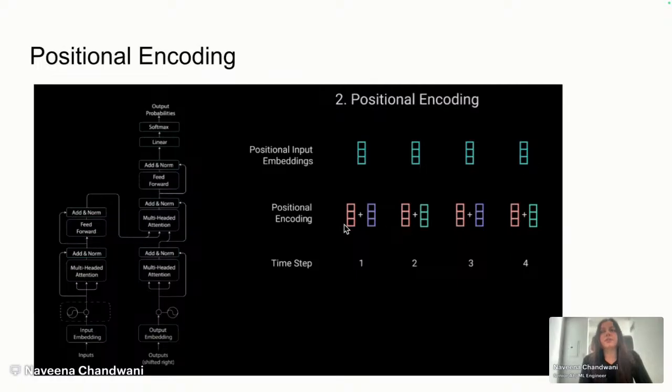And positional encoding refers to encoding the order of these words. Now, why is this required? Say we take 2 or 3 words together, man eats pizza, versus if the order gets interchanged, it would become pizza eats man, and that completely changes the meaning.